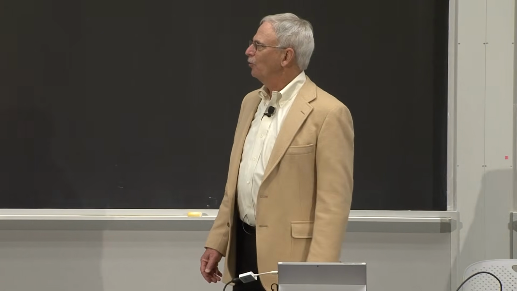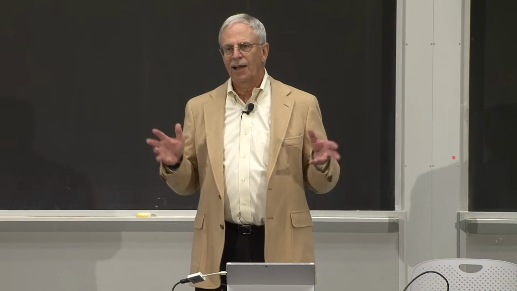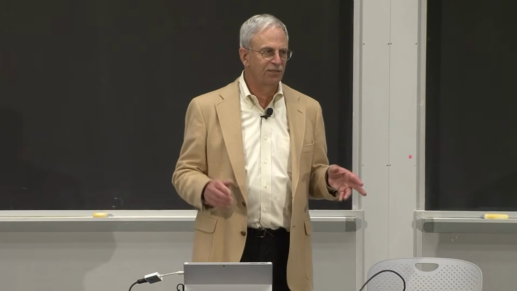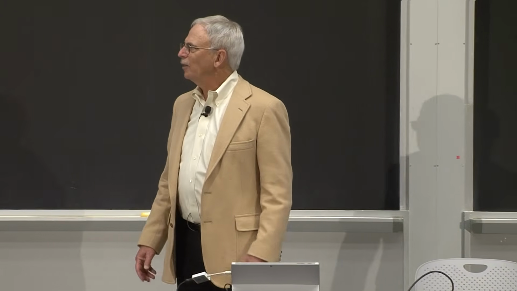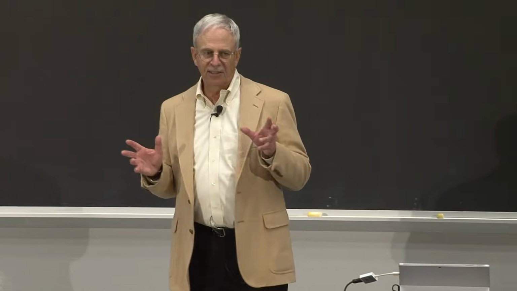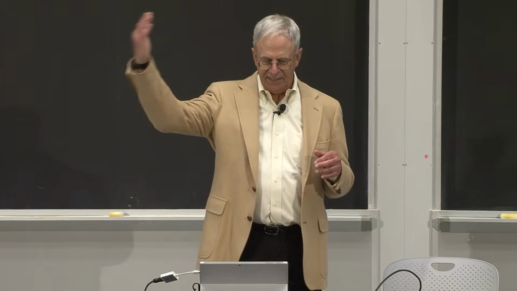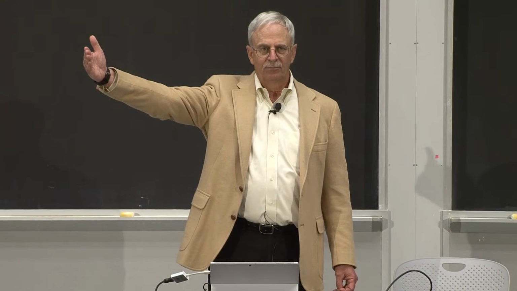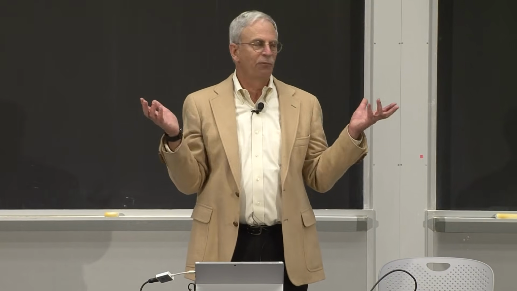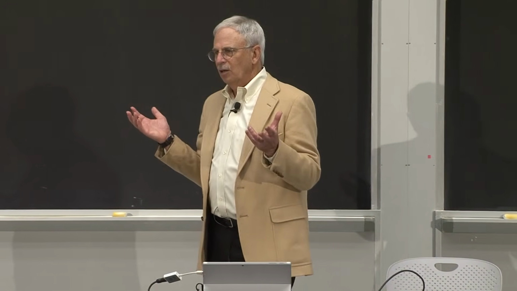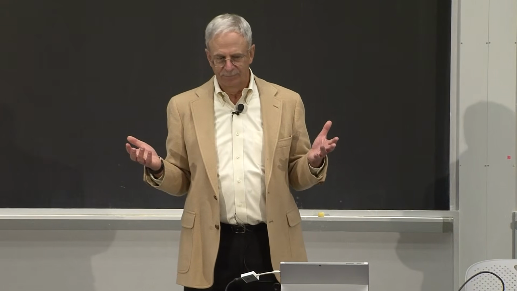The main topic of the course is what I think of as computational models. How do we use computation to understand the world in which we live? What is a model? To me, I think of it as an experimental device that can help us to either understand something that has happened, to build a model that explains phenomena we see every day, or a model that will allow us to predict the future, something that hasn't happened.